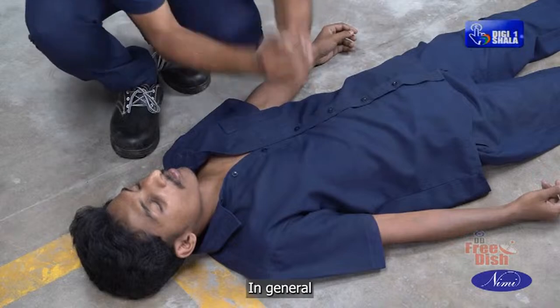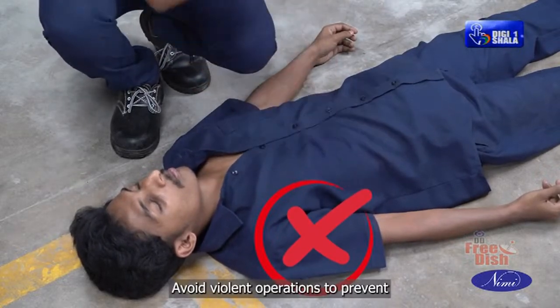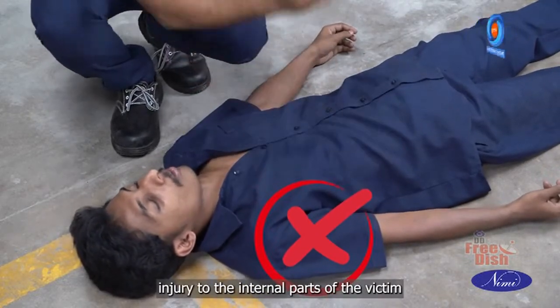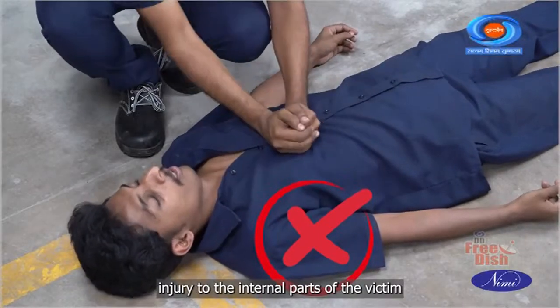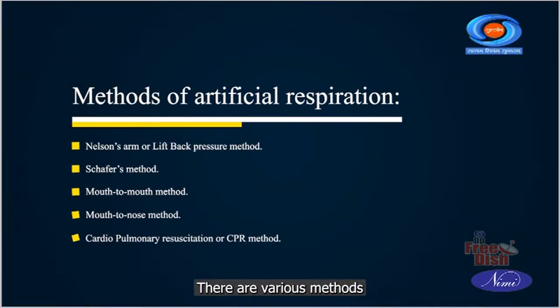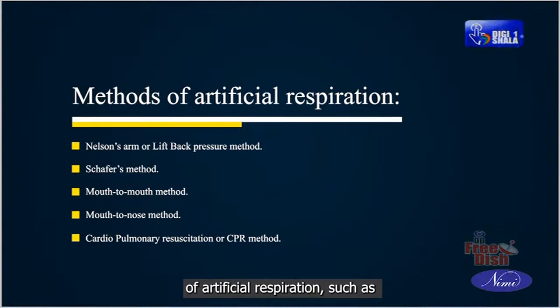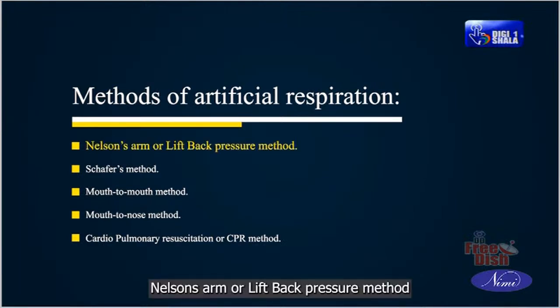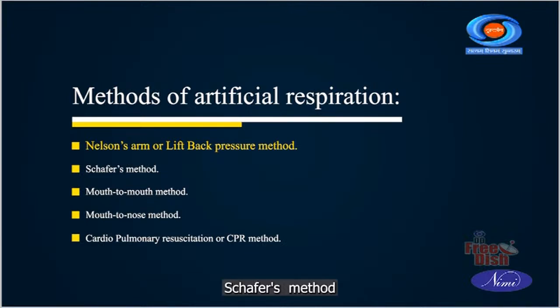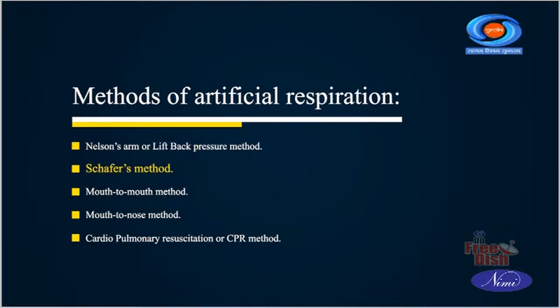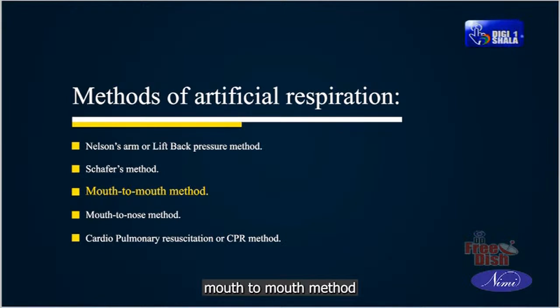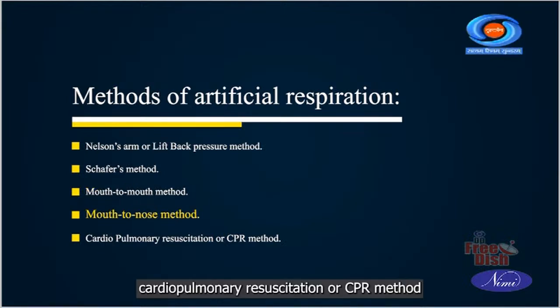In general, avoid violent operations to prevent injury to the internal parts of the victim. There are various methods of artificial respiration such as Nelson's arm or lift back pressure method, Schaffer's method, mouth to mouth method, mouth to nose method, cardiopulmonary resuscitation or CPR method.